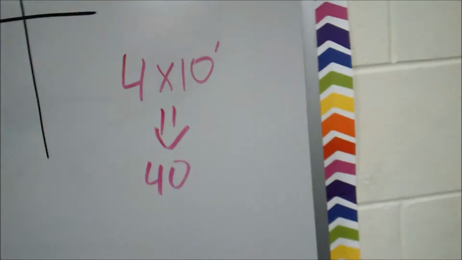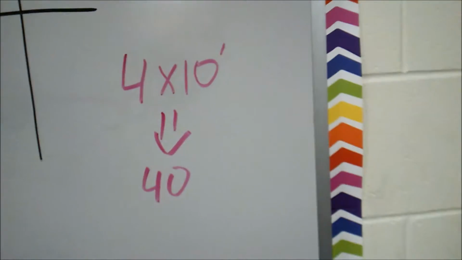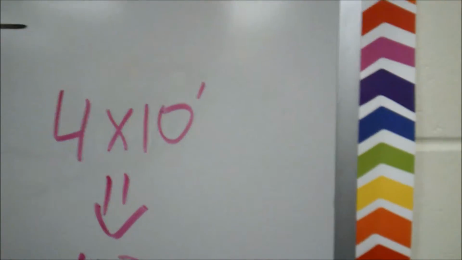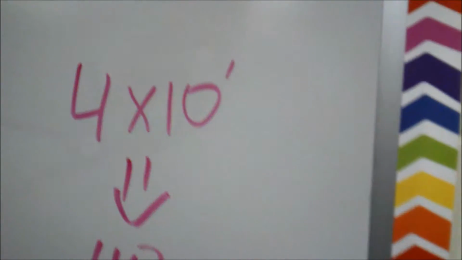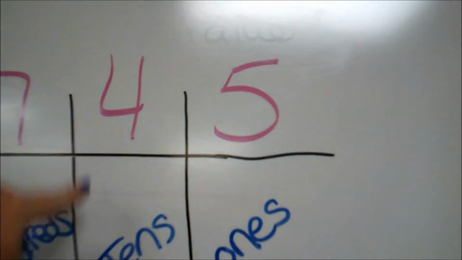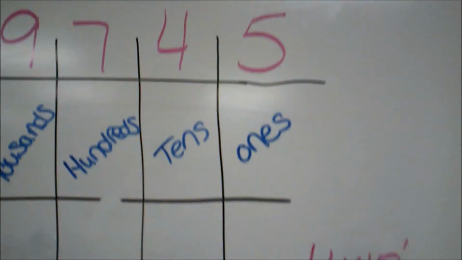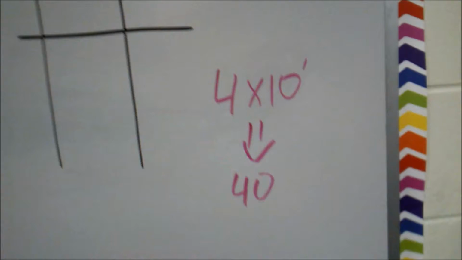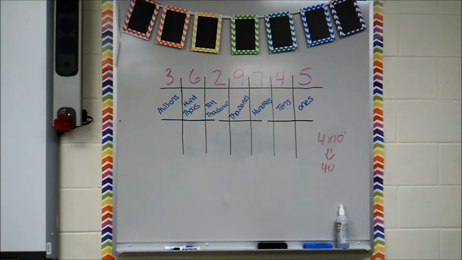The quick easy way that I remember that is that every one of these exponents, the number that is raised here, accounts for the number of zeros behind the pre-existing number. Now we know that 4 tens represents 40, and that is why I have my exponent raised to the first power. So let's work to fill in the rest of this chart.